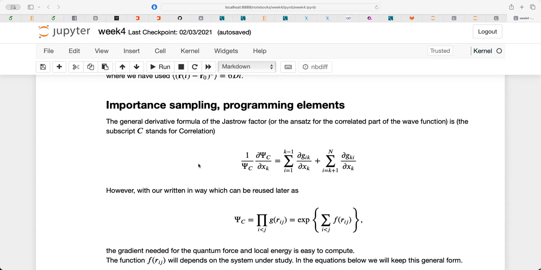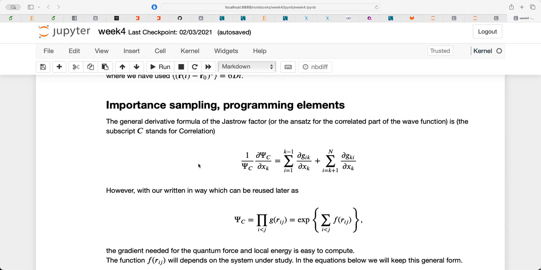Everything you see here is tailored towards the calculation of the quantum force and the kinetic energy. That is the computational bottleneck in these variational Monte Carlo calculations.